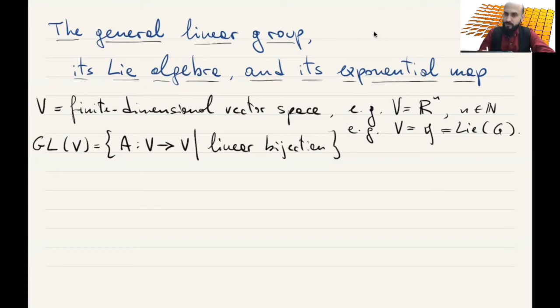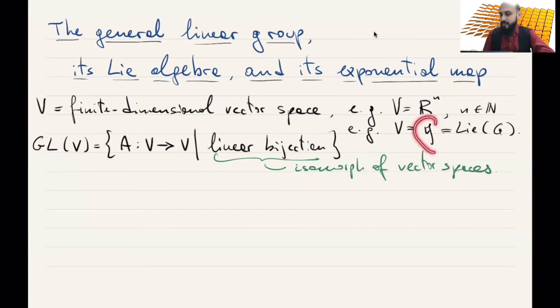In other words, these are isomorphisms of vector spaces. So also when we consider G, these will be just maps that preserve the linear structures.